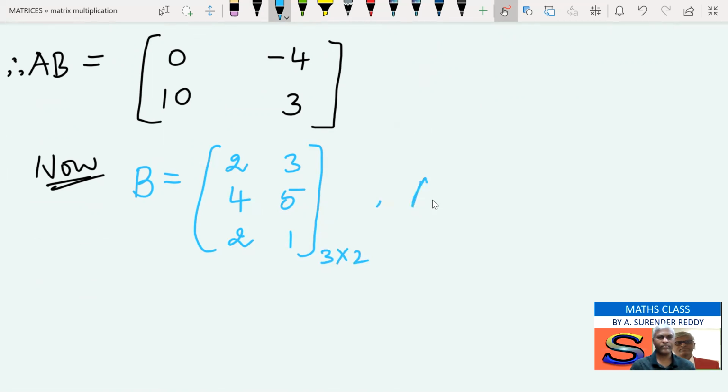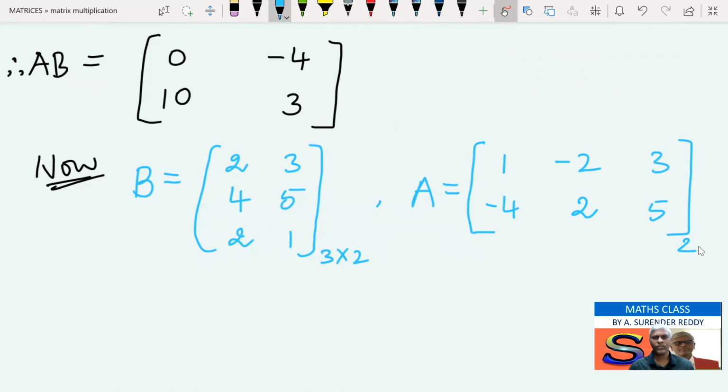And A: 1, minus 2, 3; minus 4, 2, 5. So this is A. The order is 2 by 3.